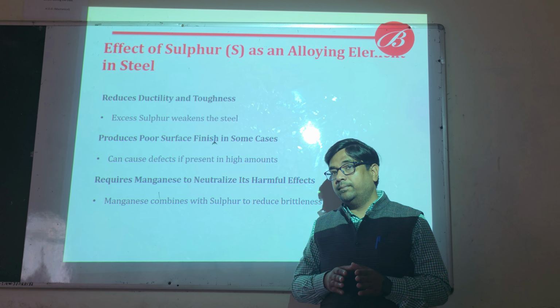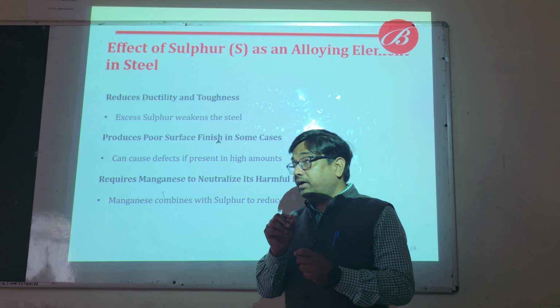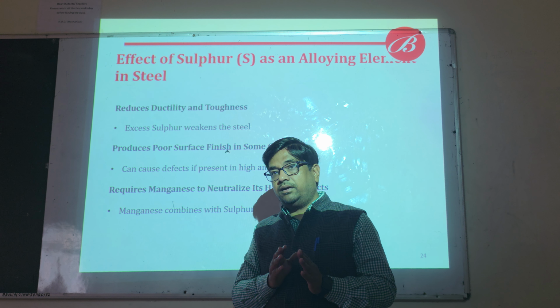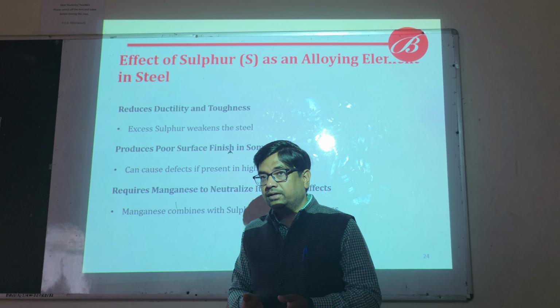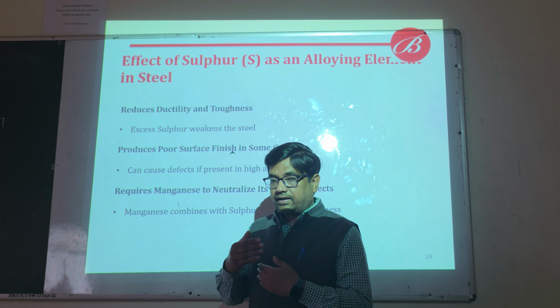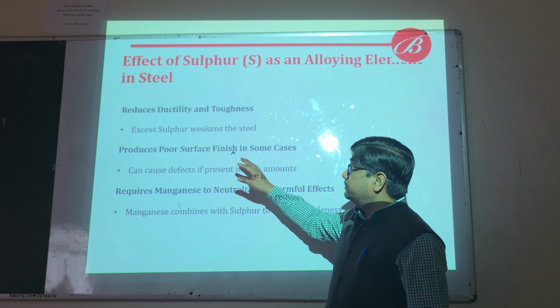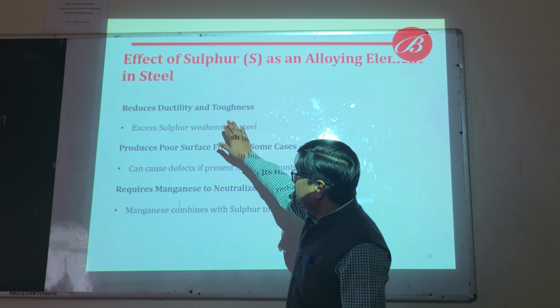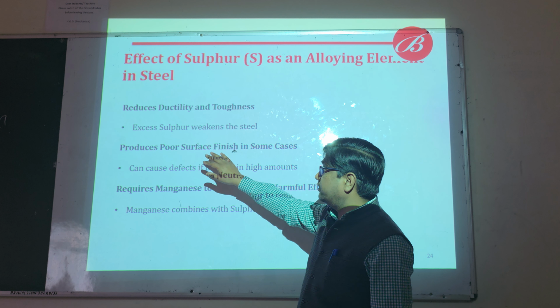Now these things are very important. There is a requirement of sulfur in the steel. The requirement is to improve the machinability, but at the same time it also shows some negative properties. It reduces the ductility and toughness.